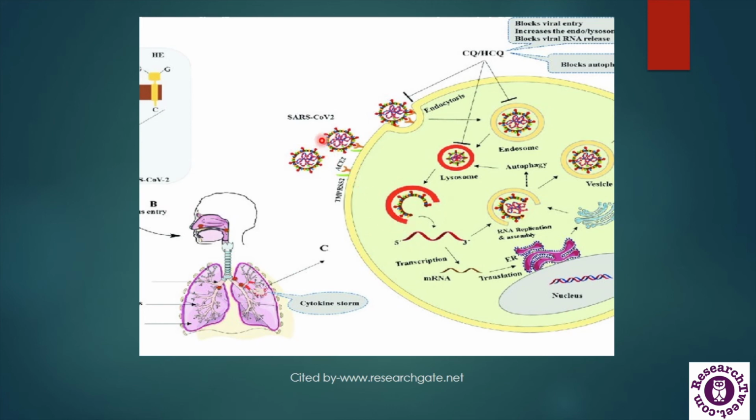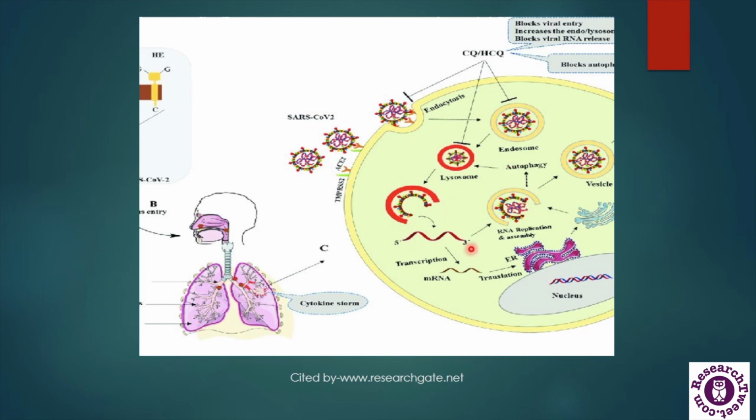There are the SARS-CoV-2 coronavirus particles which attach to the cell surface receptors with different spike proteins, and by the process of endocytosis they fuse at low pH and enter the cytoplasm of the cell. Later on, this endosome is fused and they are released into the cell cytoplasm.